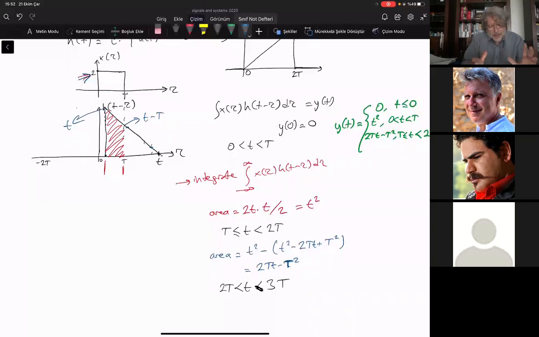Again, it's the difference between a larger triangle, and from that larger triangle, I will remove the area of this green triangle. That's the thing that I will do again. The larger triangle area is t squared over 2, 1 over 2 t squared. The green triangle, however, is minus 1 over 2 (t minus capital T) squared, like this.